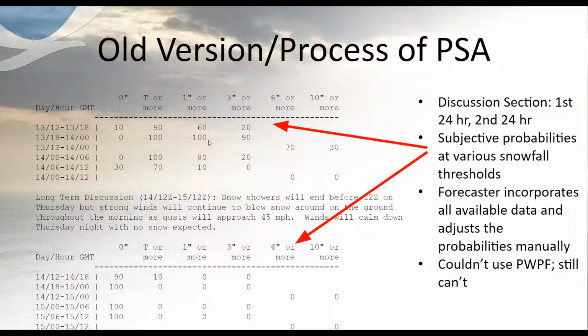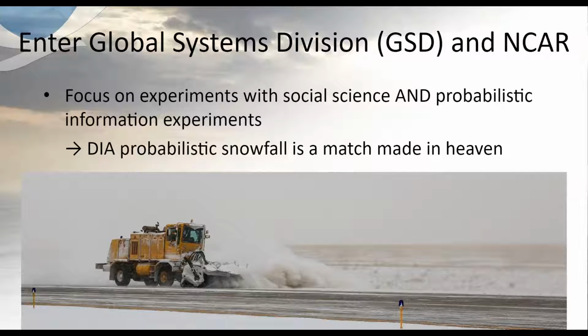That's where we were up until last year, for the last 10 years, trying to meet the needs of DIA in a subjective manner. Then we partnered with GSD. They're literally in the hallway that my office is in, and they started a project with NCAR. Basically, they were looking for experiments that incorporated social science and probabilistic weather information, something that could check both those boxes.